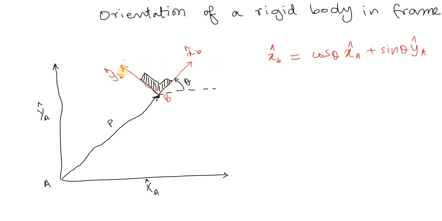After that you will do the same thing for the y coordinate of your body fixed frame, and then you will get this equation, which is minus sine theta xa hat plus cos theta ya hat. So this is how you convert these two coordinates of your body fixed frame into your reference frame. This is another way of describing the orientation of your body in your reference frame.